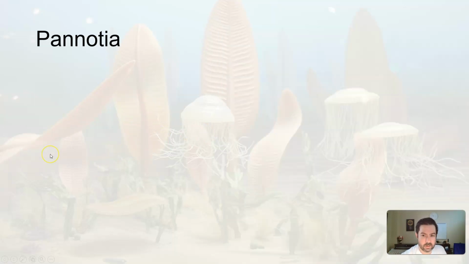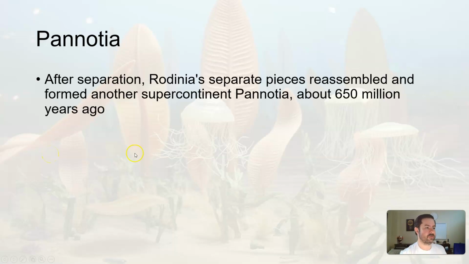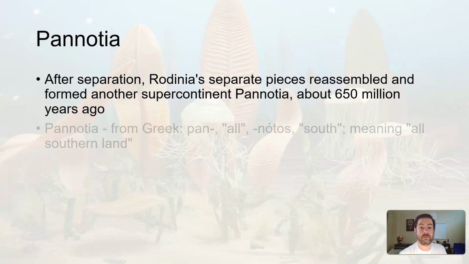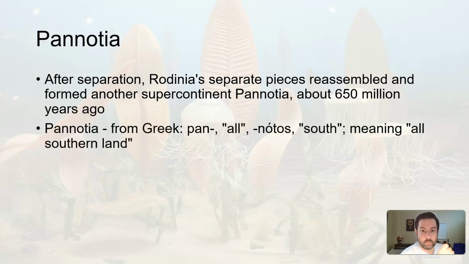So after the separation of Rodinia, the next supercontinent that formed on Earth was Pannotia, starting about 650 million years ago. So after the breakup of Rodinia and the formation of Pannotia, it only took about 100 million years or so. The word Pannotia, and this is kind of important, comes from two Greek words, pan meaning all, and notos meaning south. So Pannotia means all southern land.